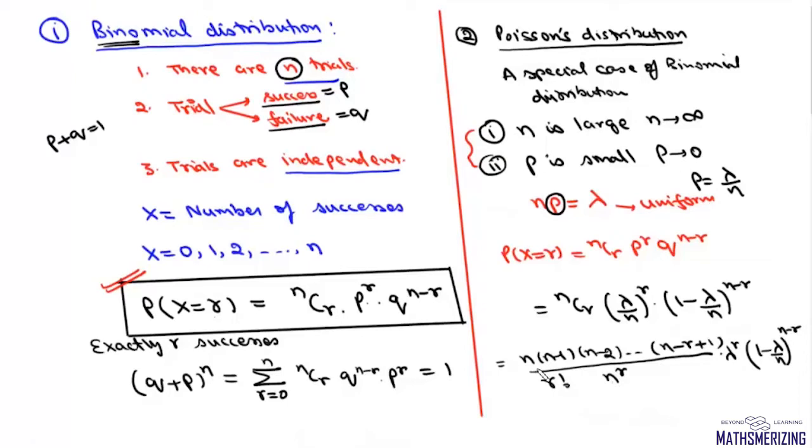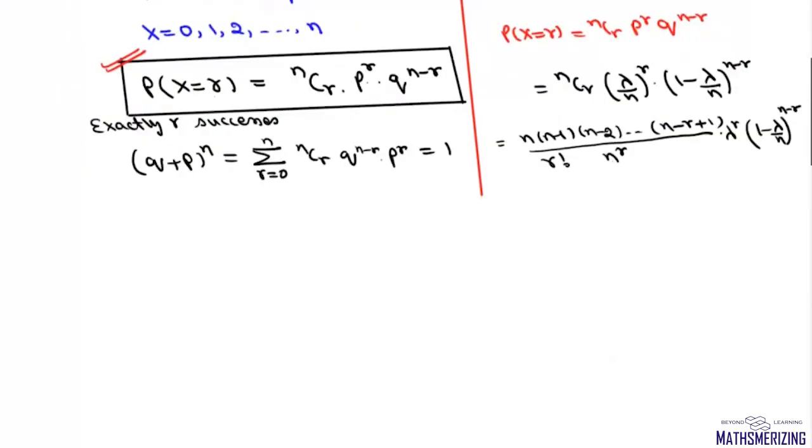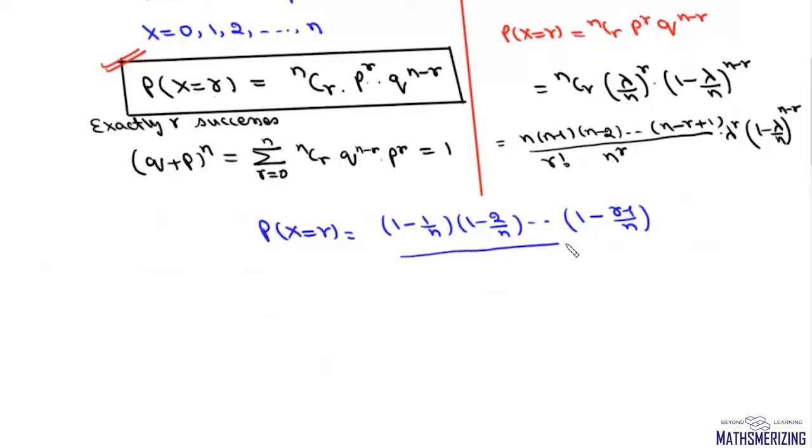Now what we'll do is we'll take this n with each of these brackets. So now we can write this probability of x equal to r as (1 minus 1 by n)(1 minus 2 by n) up to (1 minus r minus 1 by n), whole divided by factorial r into lambda to the power r and (1 minus lambda upon n) to the power n minus r.